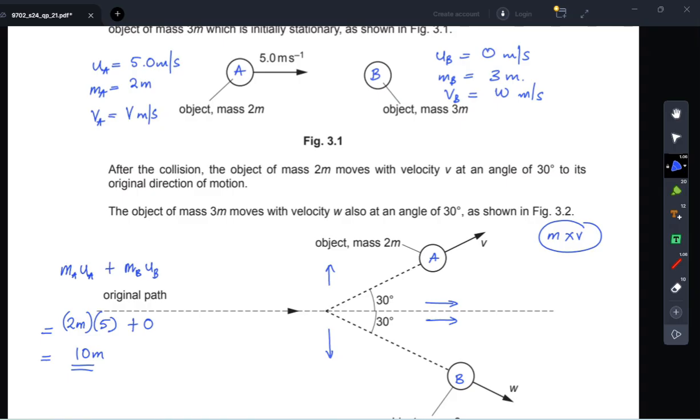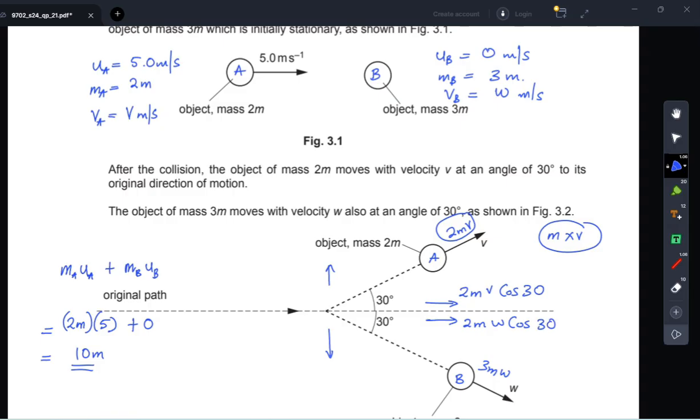For object A, we know the momentum is 2mv in that direction, and in this direction it will be 3mw. If you look at the horizontal component, for object A we have 2m v cos 30, and for the other one it is 3mw cos 30.